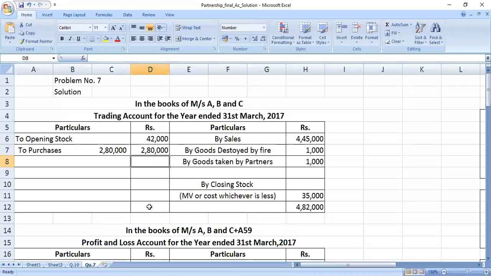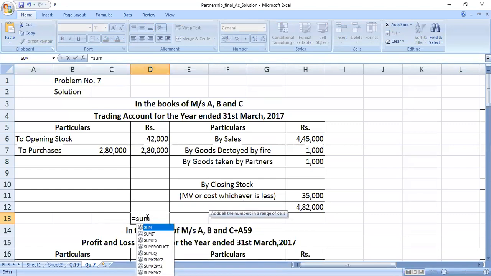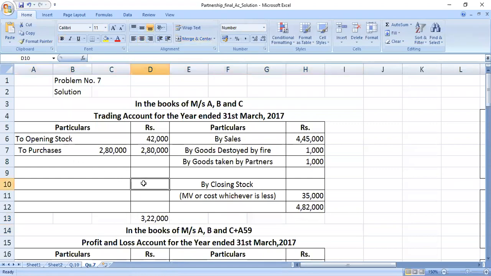Now the total of the debit side. It is 3,22,000. Now we have to find out the balancing figure.